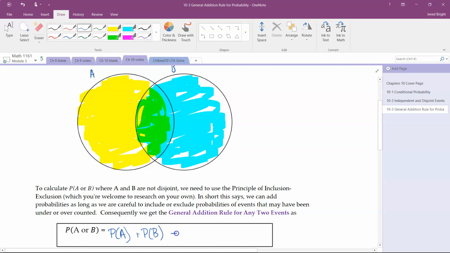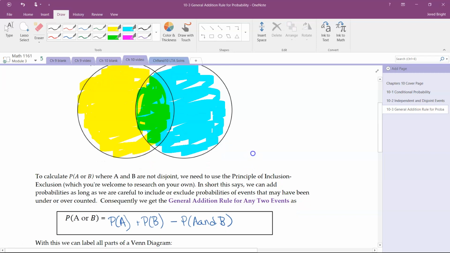So I actually need to remove the overlapped region, which would be the simultaneous occurrence of A and B. This is our general addition rule for any two events, and with this, our study of how two events interact is complete.